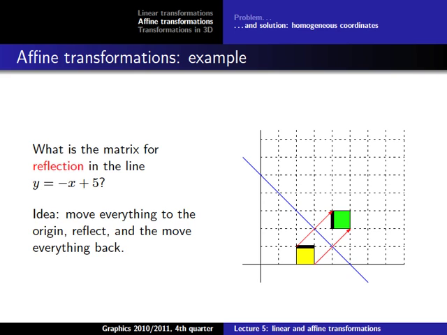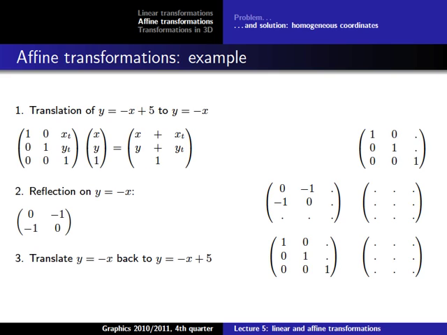So the obvious way to solve this is to translate everything to the origin, then do the reflection, and then translate everything back. So first we need a translation. We need to translate y equals minus x plus 5 to y equals minus x.